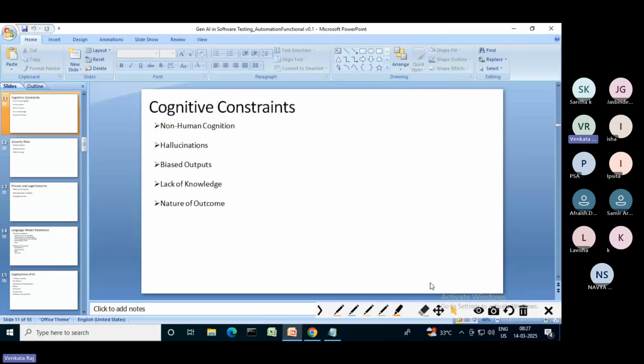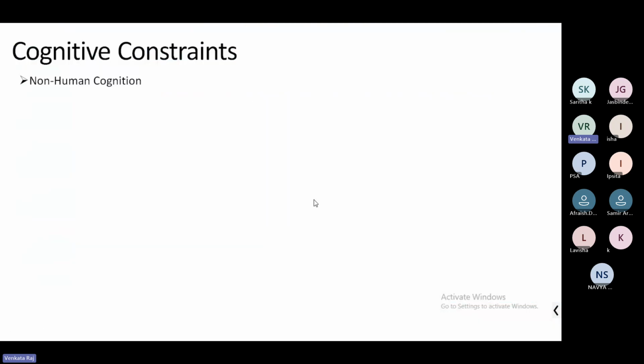Understood, everyone? So this is our nature of outcome. All of you clear? So these are the cognitive constraints, guys: non-human cognition, hallucination, biased output, lack of knowledge, and nature of outcome.